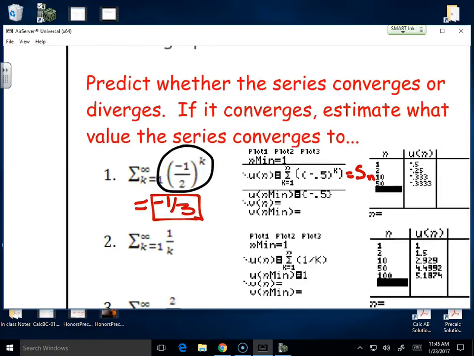If we were to ignore the series for just a second and go do old-fashioned stuff from our section 9.1, what would be the limit as n goes to infinity of a sub n? Negative 1/2 to the infinity. Isn't that, because it would be negative 1 and 1?